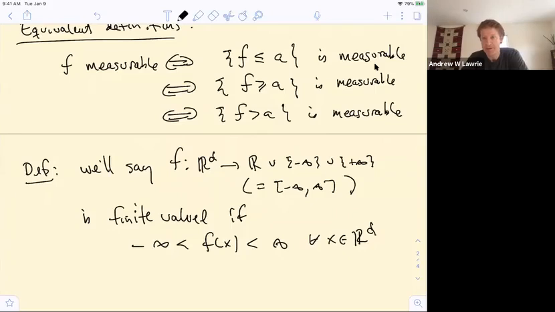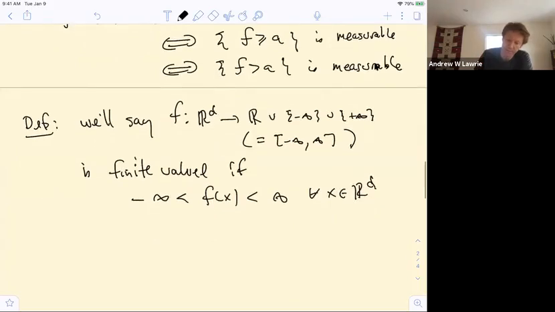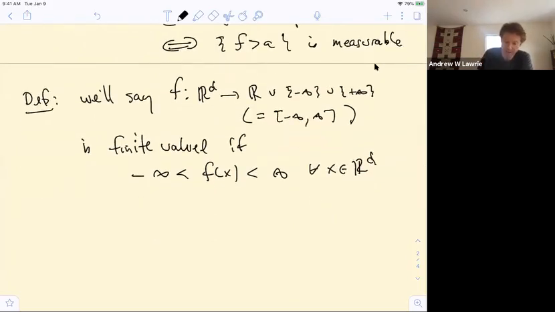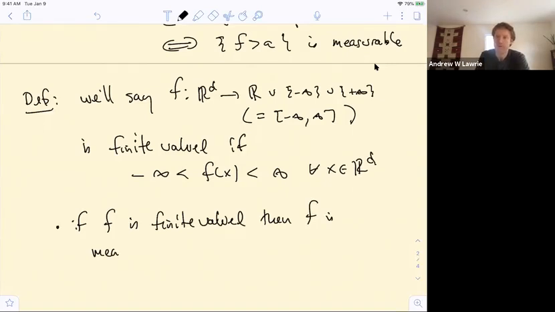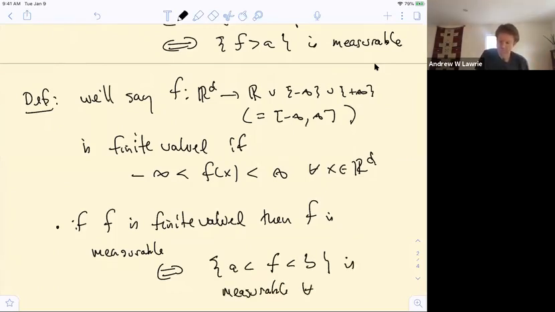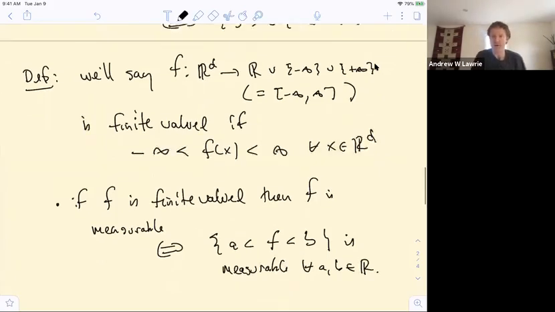And if we allow for this definition as well, if f is finite valued, then another equivalent definition is that f is measurable if and only if the set of x where a < f(x) < b is measurable, for every a, b, and r.